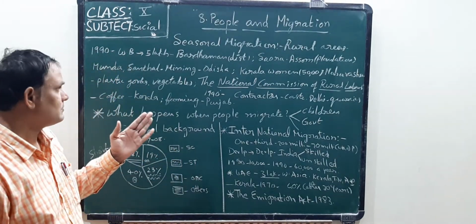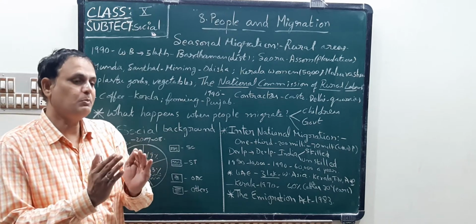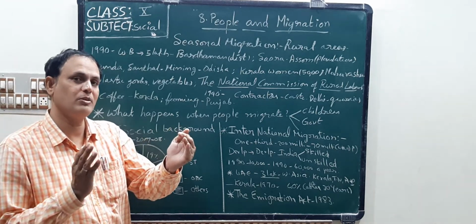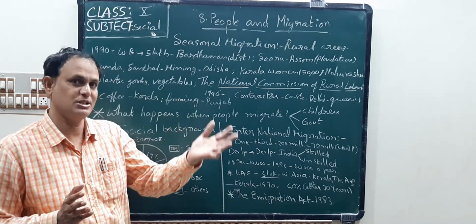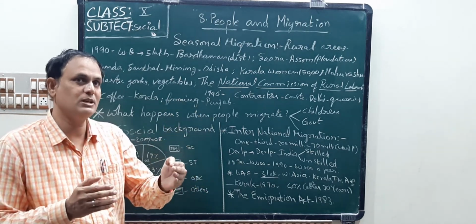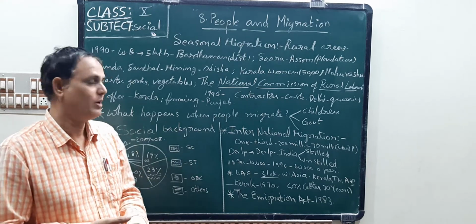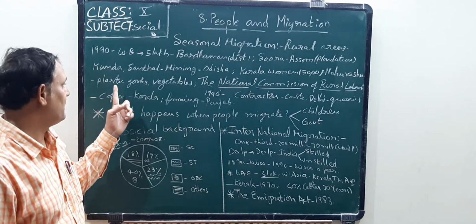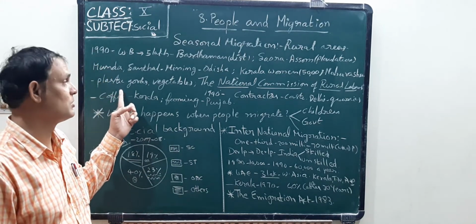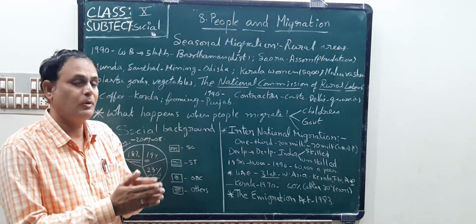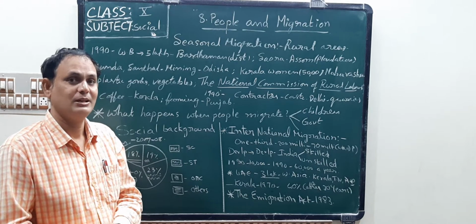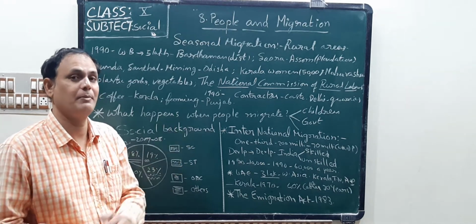Next one, actually the people who are migrating from their village to other rural areas and also towns and cities, they are simply doing some small works. Okay, what are those works? They will sell plastic goods, they will sell vegetables, they depend upon construction works. That means they work as construction labor.